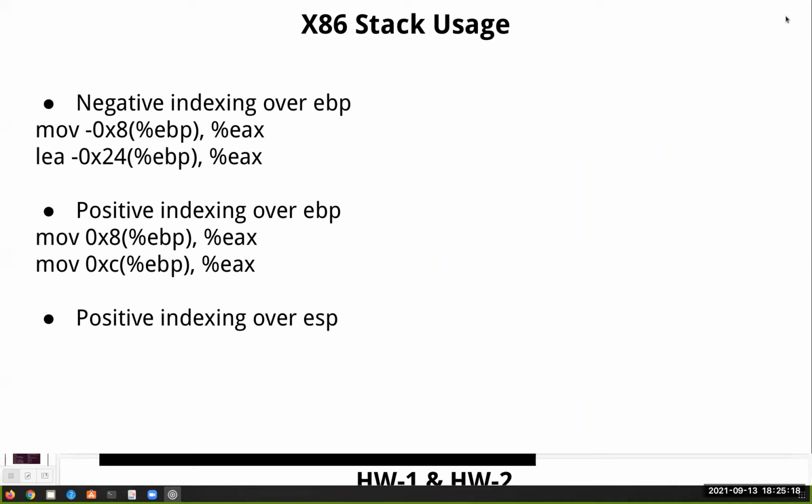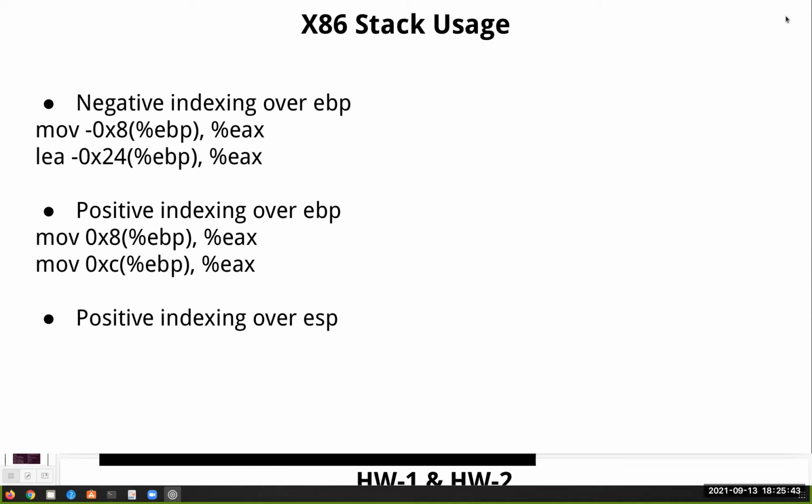Several examples I have here. First one is move EBP minus 8 to EAX. So what is that doing? Yeah, it's moving a local variable's value to EAX. Then what is EBP minus 24 with lea? Since we're using lea, here we're getting the address.